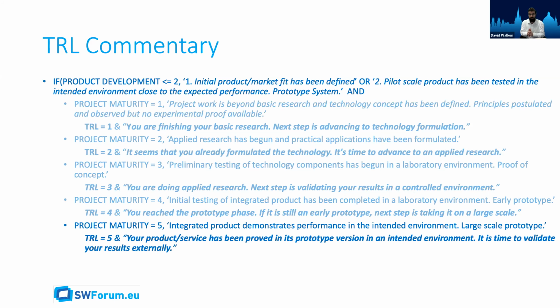And for TRL 5, well, you've finished the prototype. You've done that in the intended environment. What you've then got to do is take that outside to external users and an external system so that you can understand how it's going to scale from a customer point of view.